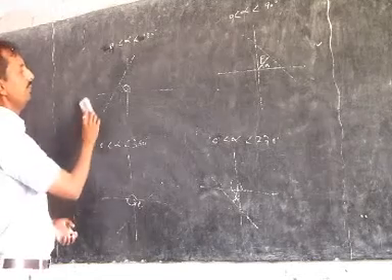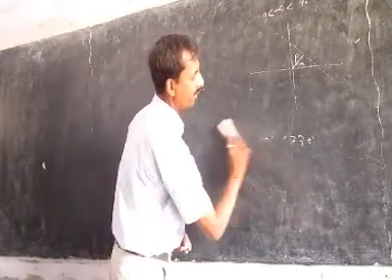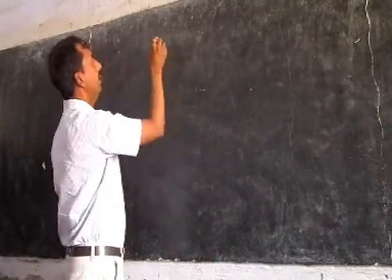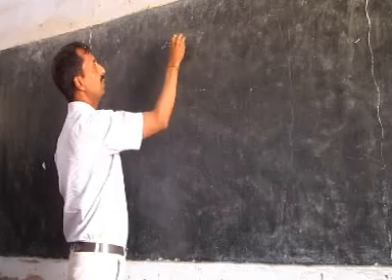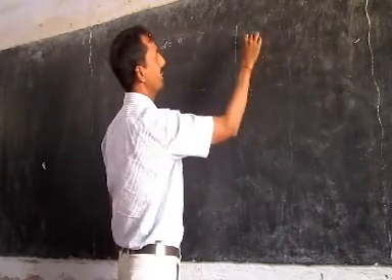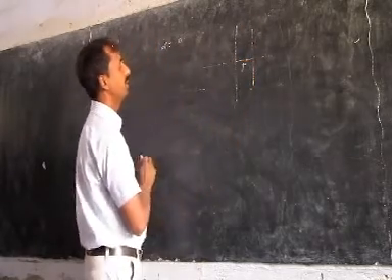Again, if alpha is equal to 0 degrees, then the line may be like this. This is the perpendicular P, alpha is equal to 0.